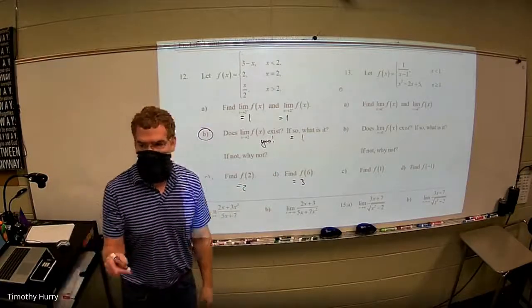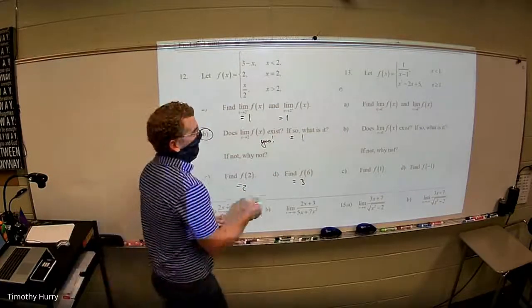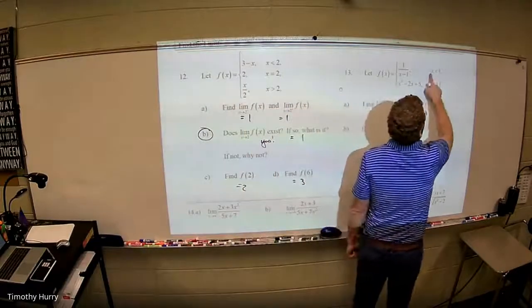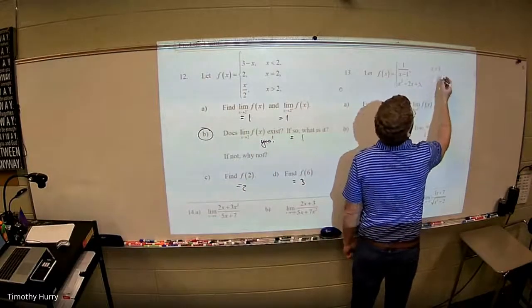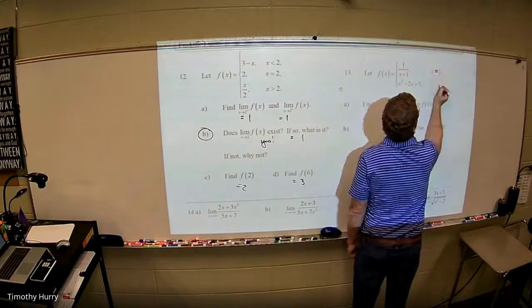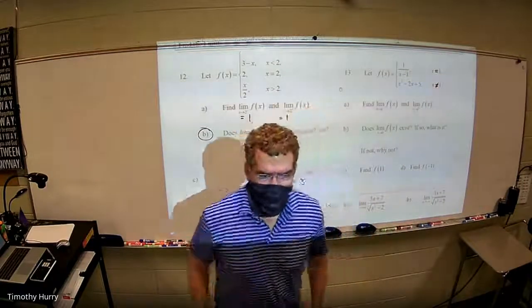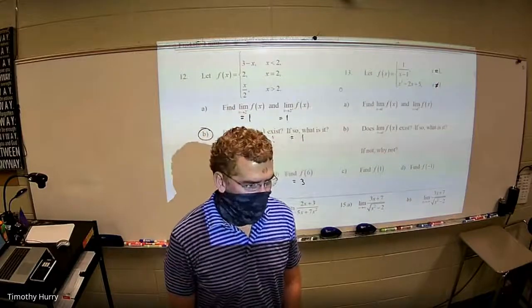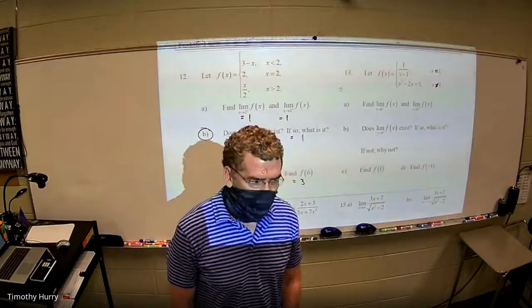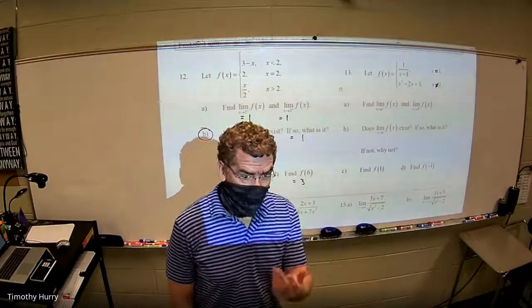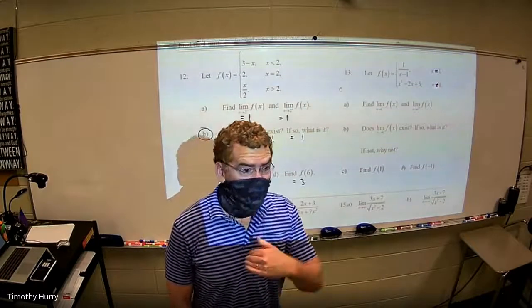Now, AP sometimes will mess with you. They'll do things like this. Like instead of saying less than, greater than, sometimes they'll do this. Equal, not equal. What do you think not equal means? That would mean left and right.